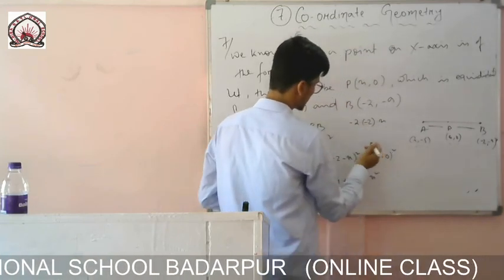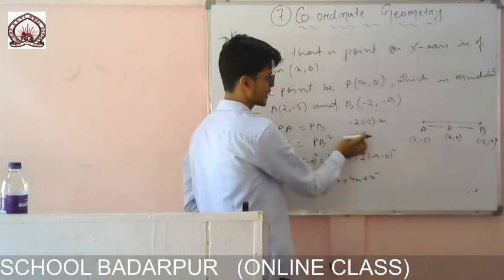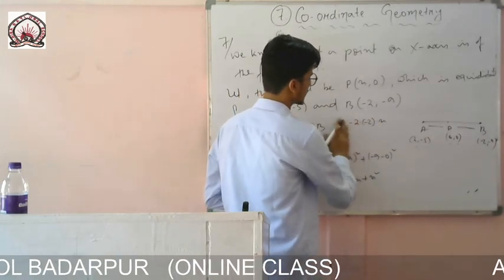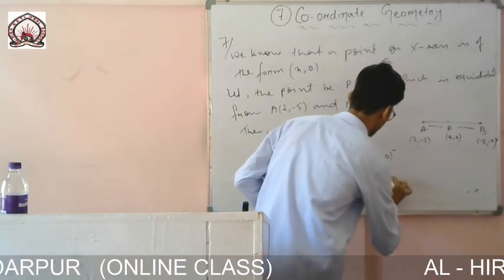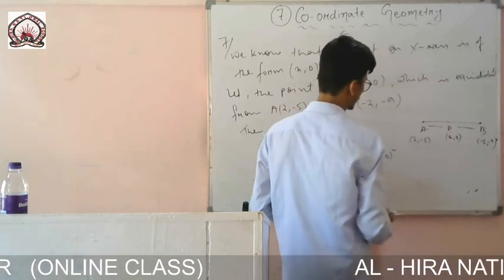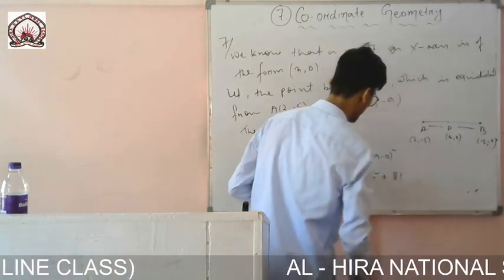Then minus 9 square is 81, so it will be plus 81.